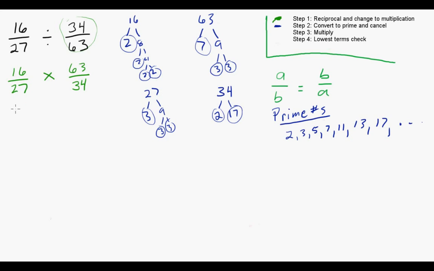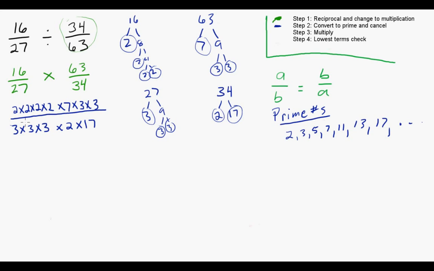So let's rewrite this fraction in terms of prime numbers. We have 2 times 2 times 2 times 2, that equals 16, times 7 times 3 times 3, and that takes care of the 63. That's our numerator. Our denominator is 3 times 3 times 3, and times 2 times 17.